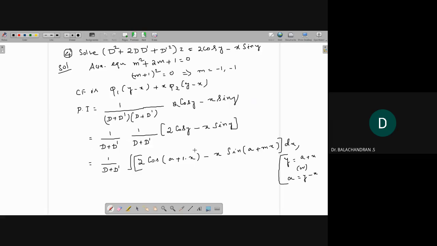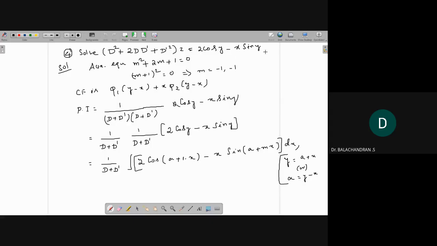Okay, so next problem, solve D square plus 2DD dash plus D dash square into z equal to 2 cos y minus x sin y. So again, this is not type 1. You know that type 2 is also not okay. You have cos y and x sin y. It is not algebraic, it's not a polynomial.